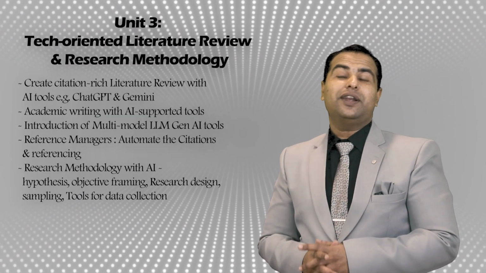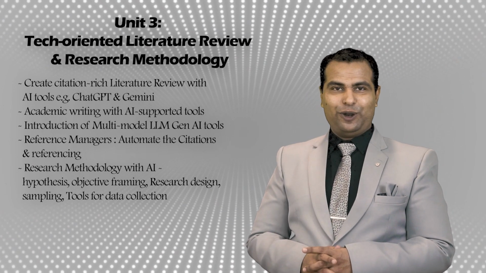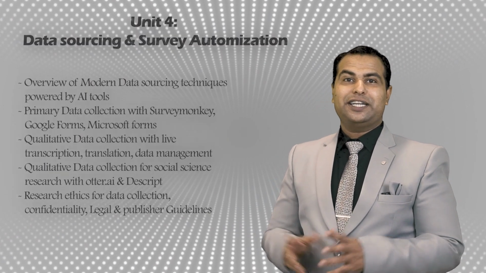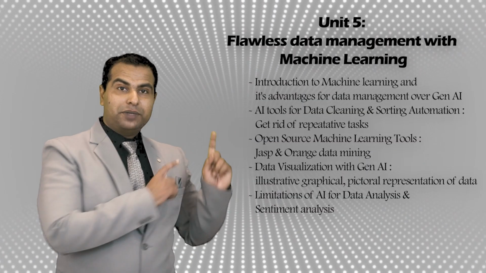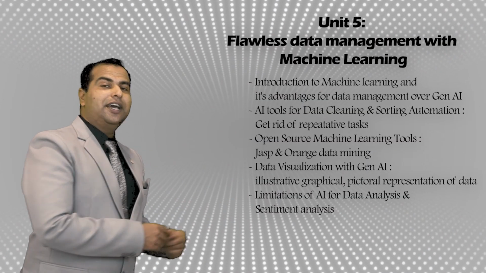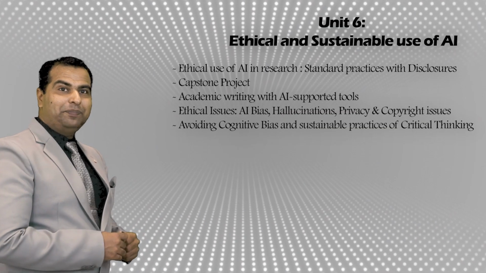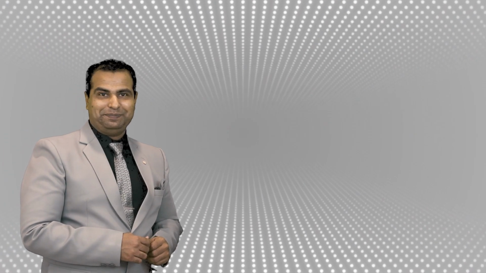Unit 3 talks about the tech-oriented literature review and research methodology, Unit 4 discusses data sourcing and survey optimization, Unit 5 is about flawless data management with machine learning, and Unit 6 is related to ethical AI and sustainable use of AI. Each session integrates real-life case examples, tools walkthrough, and interactive learning.